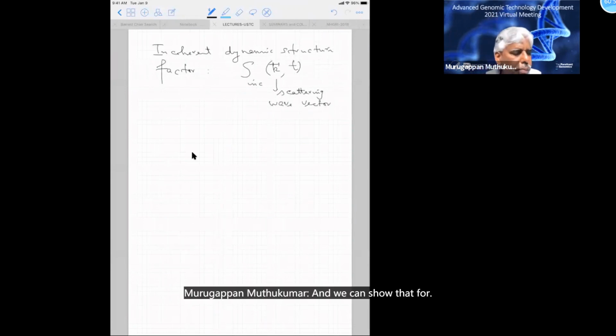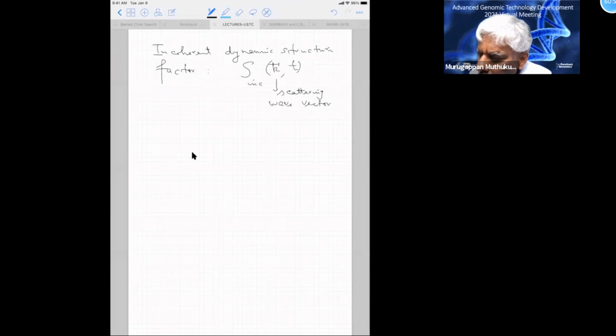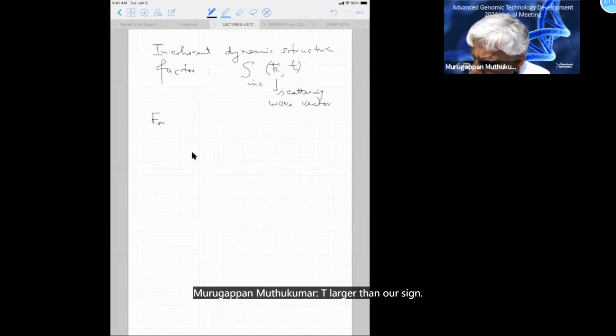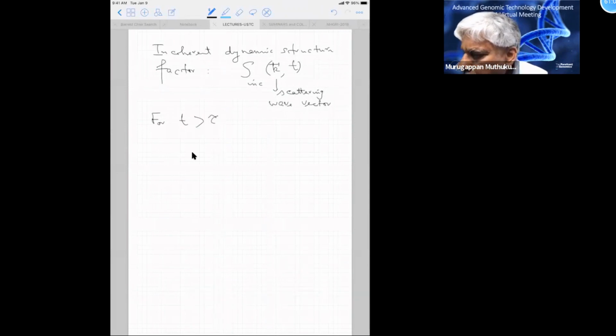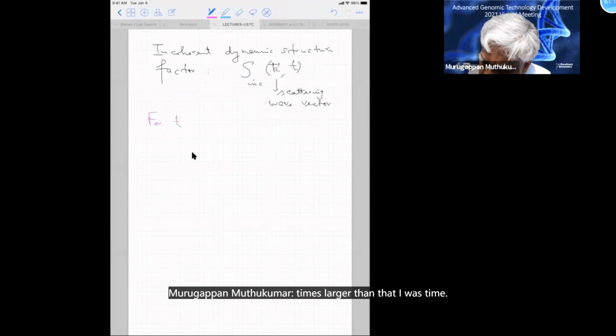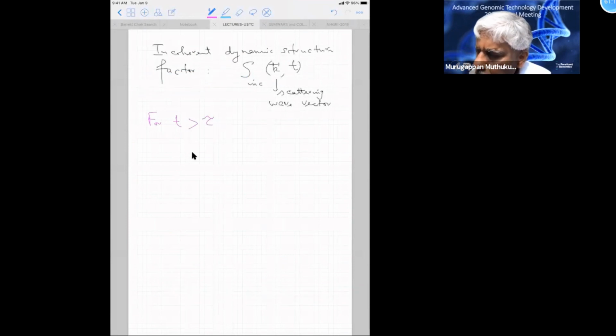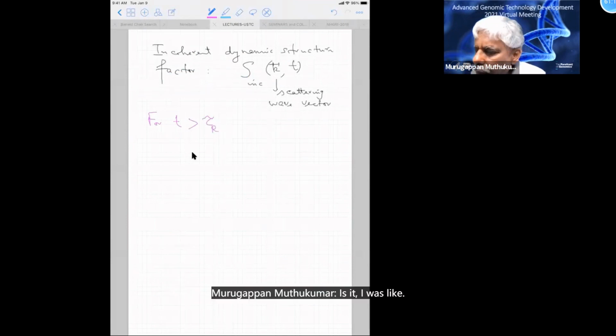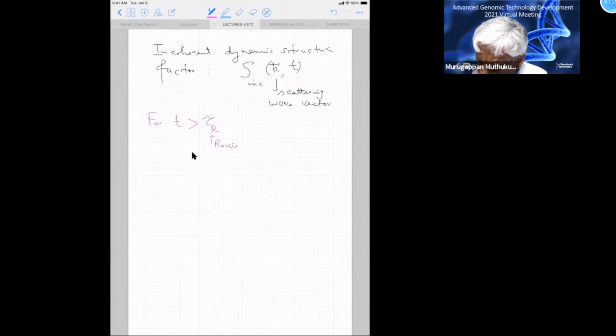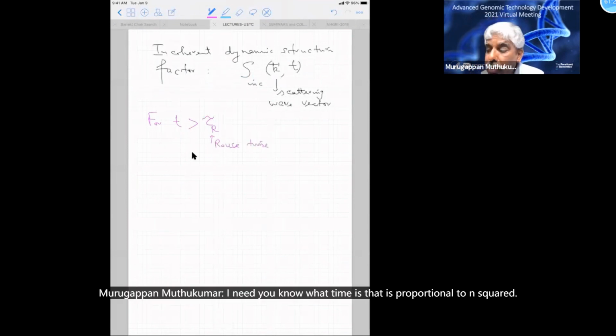And we can show that for times larger than the Rouse time, tau R, and you know what the Rouse time is?